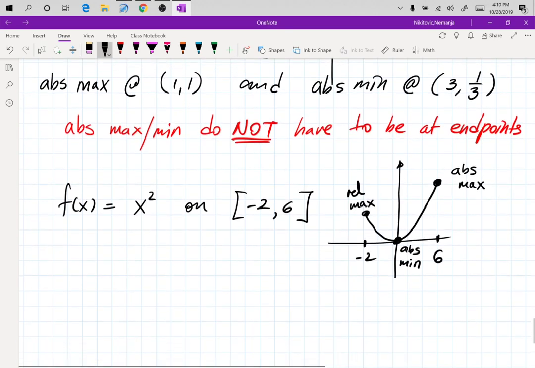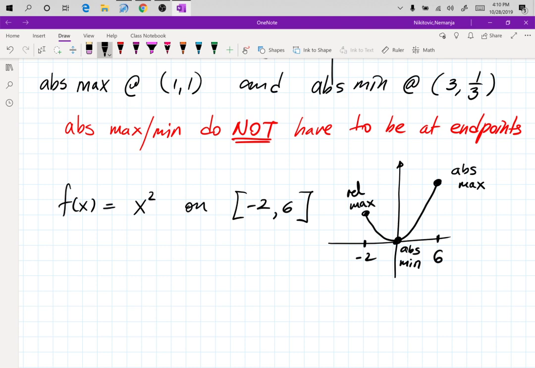So with this new knowledge, you know that you can look for min and max on the inside of the interval using the derivative procedure. And then when you find all of those min-max values, you also compute endpoints in addition. So the highest value in that case is going to be your absolute max and so on.